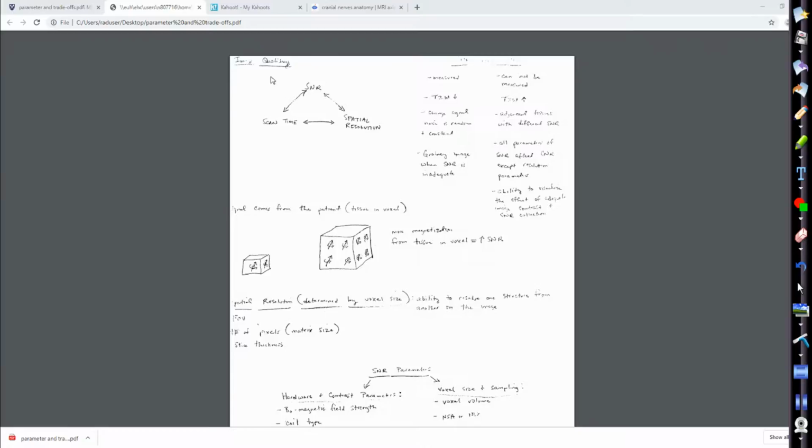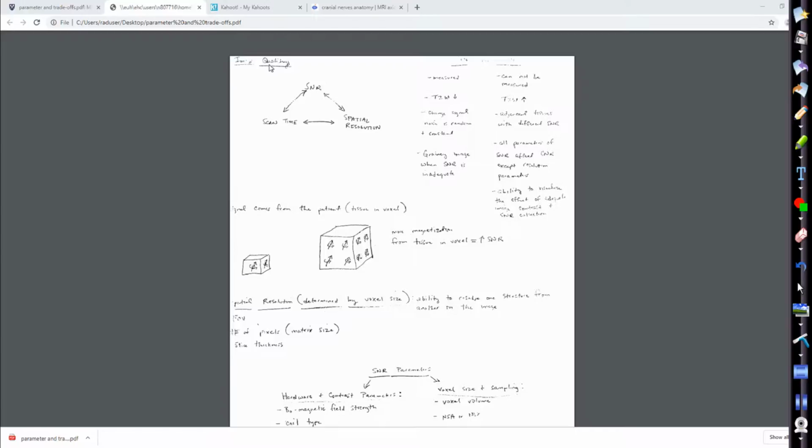So I gave you guys a printout of this document, so it's a little better quality, but I'll plug in the things that are missing up here. This just says image quality. So when we're dealing with parameters, the second part of this chapter is named trade-offs, because we're constantly balancing scan time, our signal, and our spatial resolution.